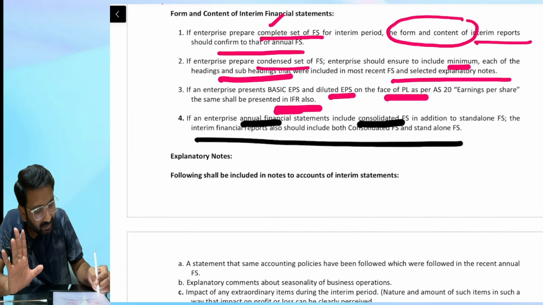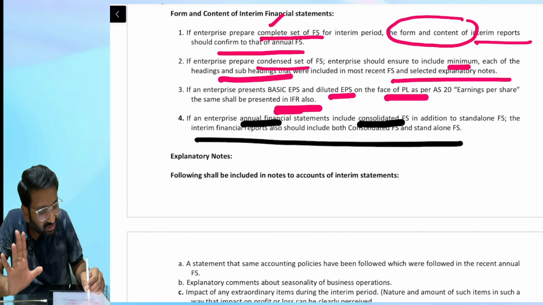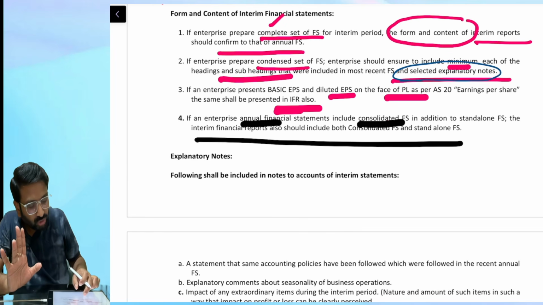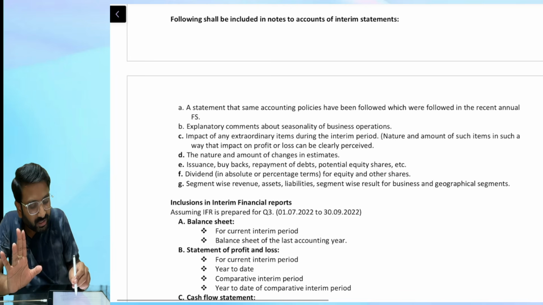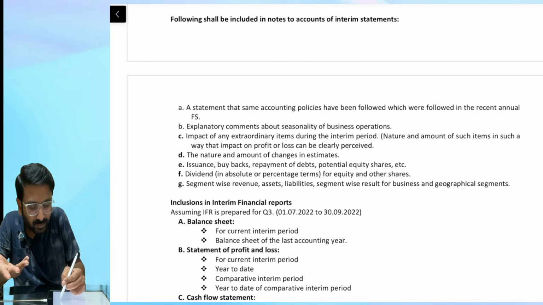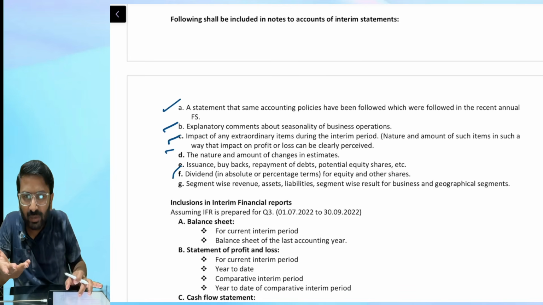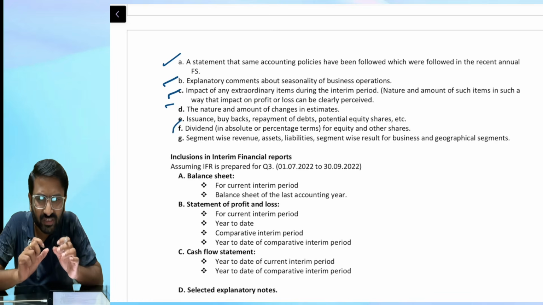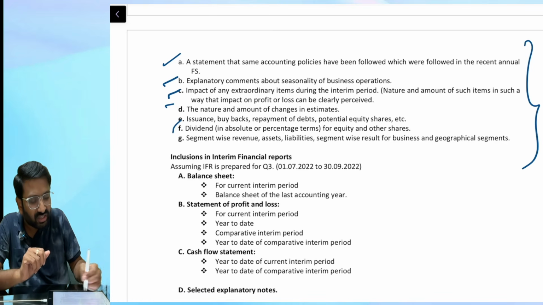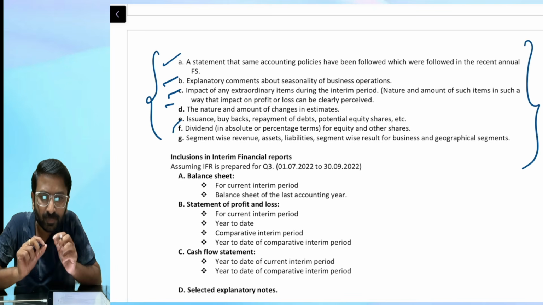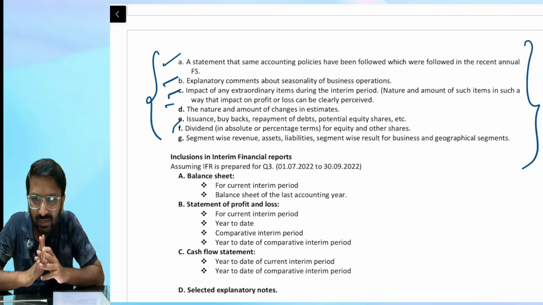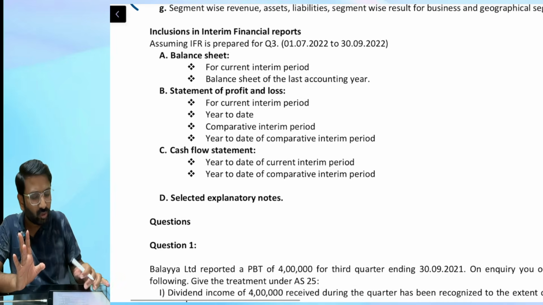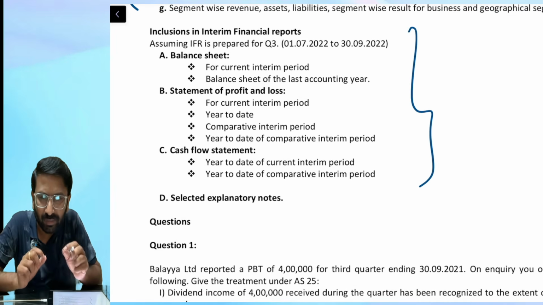Now, apart from that, here I told you selected explanatory notes. You should give some explanatory notes for important items. What are the selected explanatory notes? I've given some theory points. You can just go through that. All these are self-explanatory, and these are some important aspects for which a company must present explanatory notes. Is that clear? This point you can just go through, so I'm not spending much time on this.